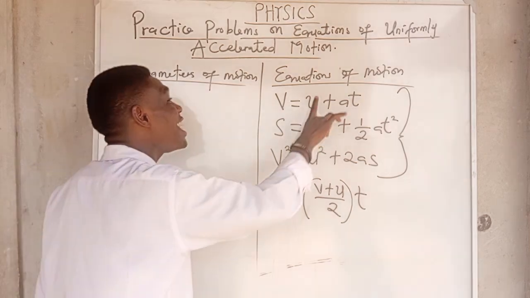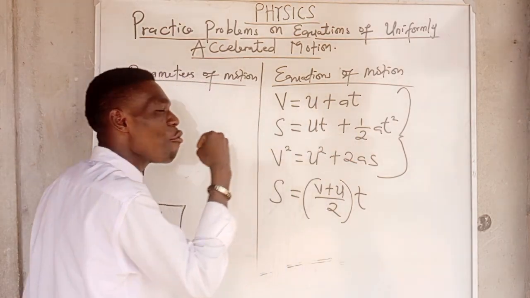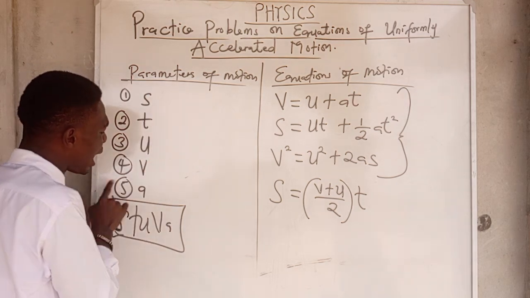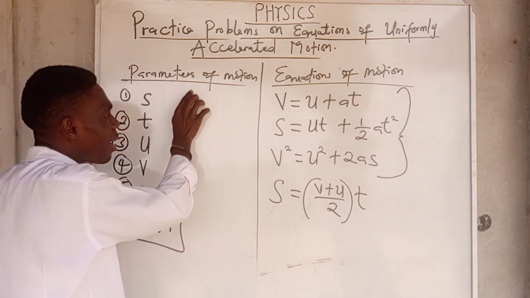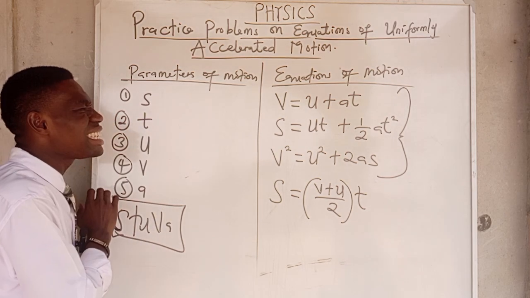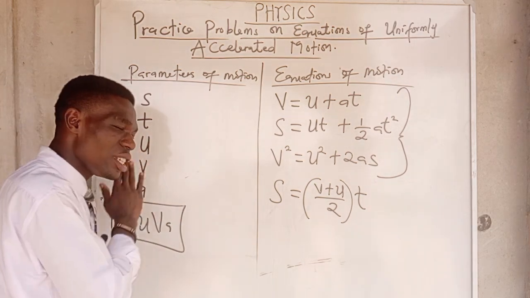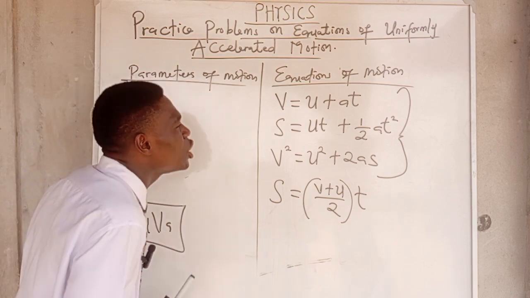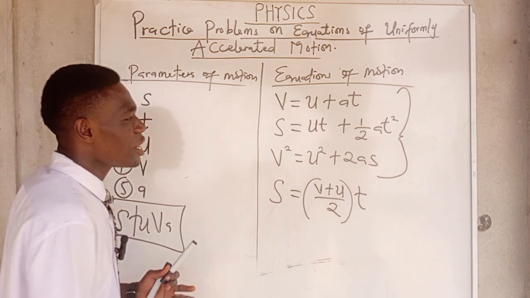In other words, each equation of motion has only 4 out of 5 of the parameters of motion. And so this is the secret that you just need to know. And if you know this secret, it becomes easier to choose the right equation.